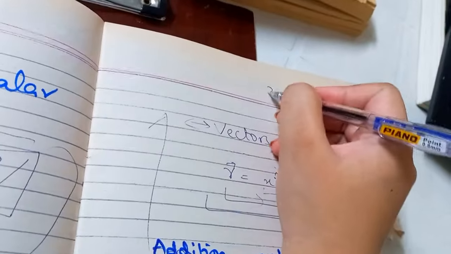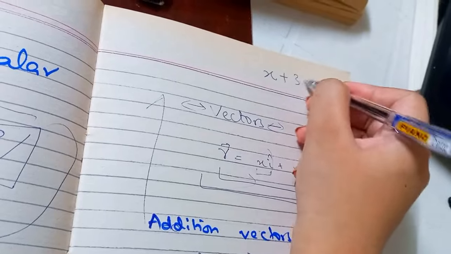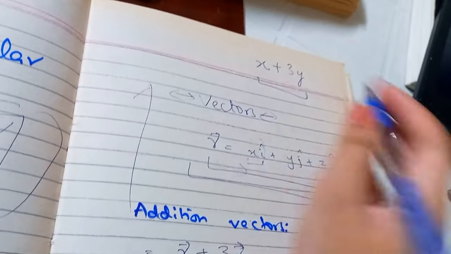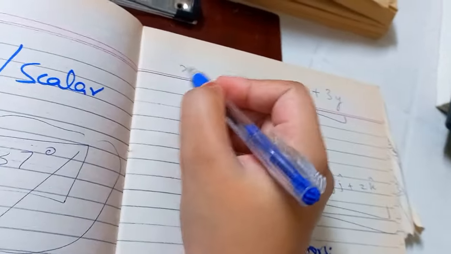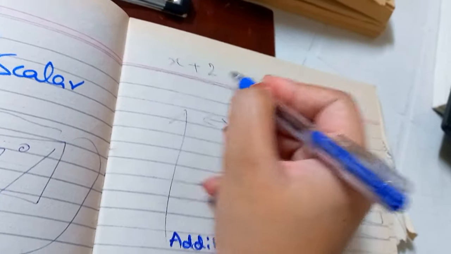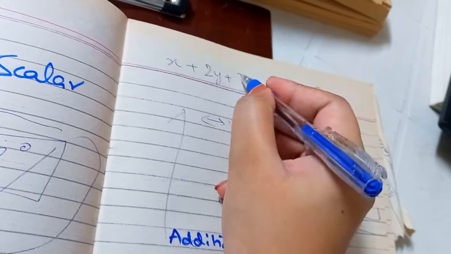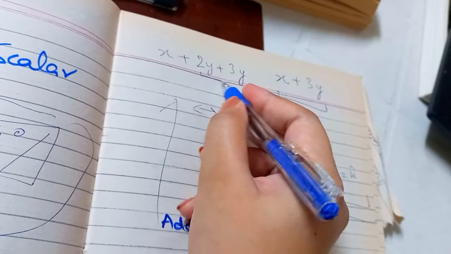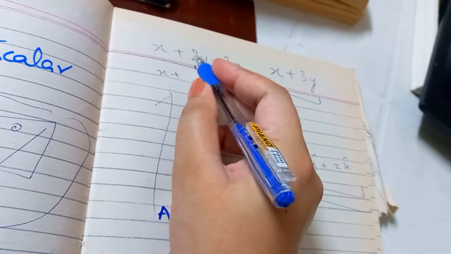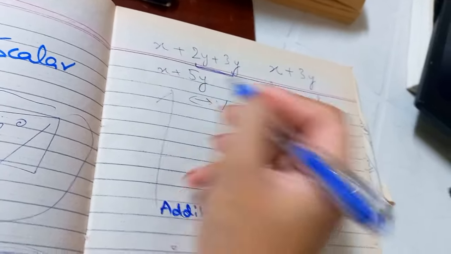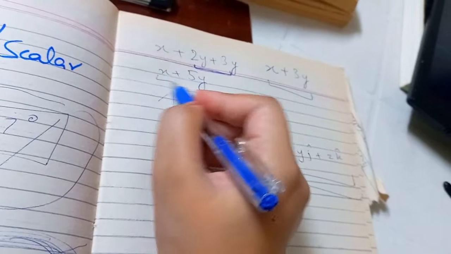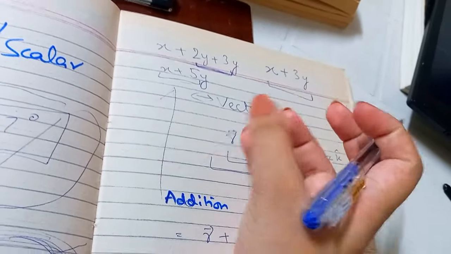For example, you know this algebra thing, x plus 3y, you cannot solve it further, it's the end point. But if you have x plus 2y plus 3y, you can add similar variables to each other. For example, it's 5y resultantly, but they cannot be further added to each other to form a single result.